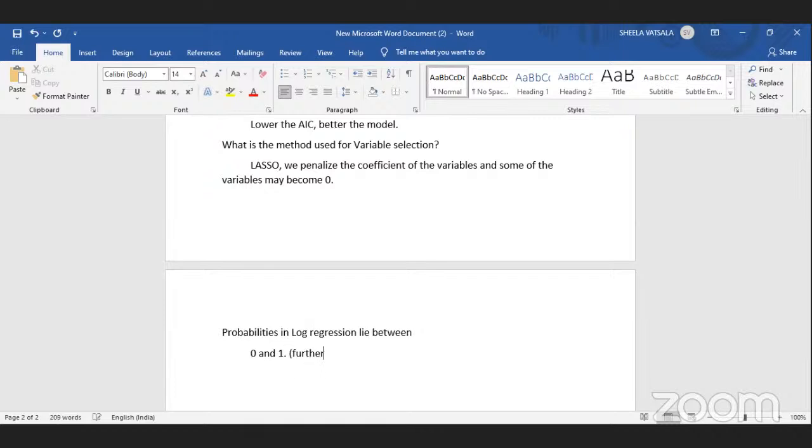Further classified based on the threshold.